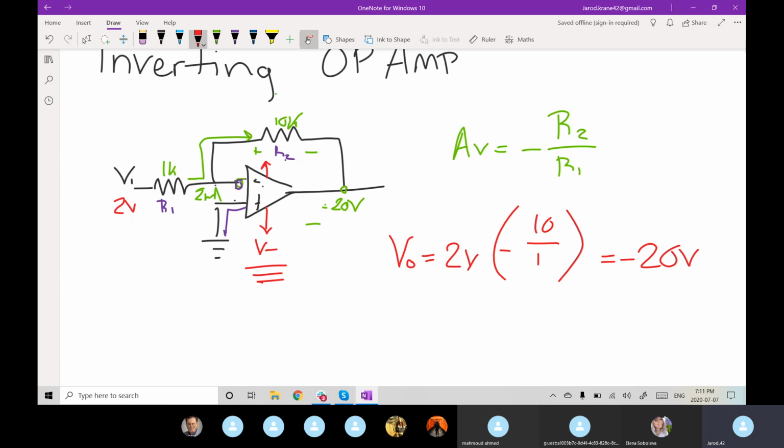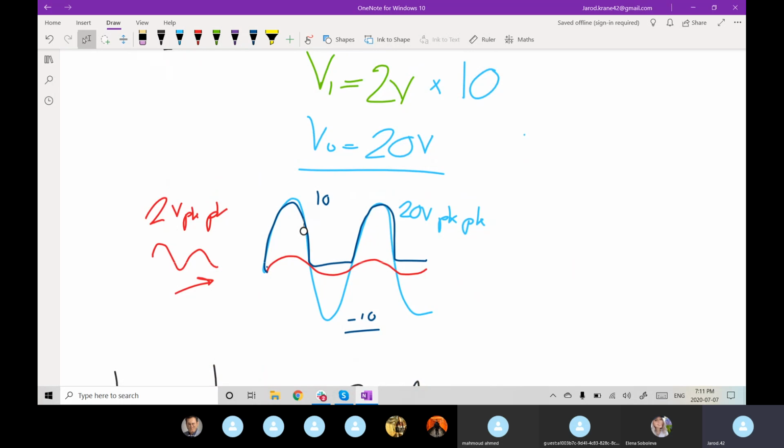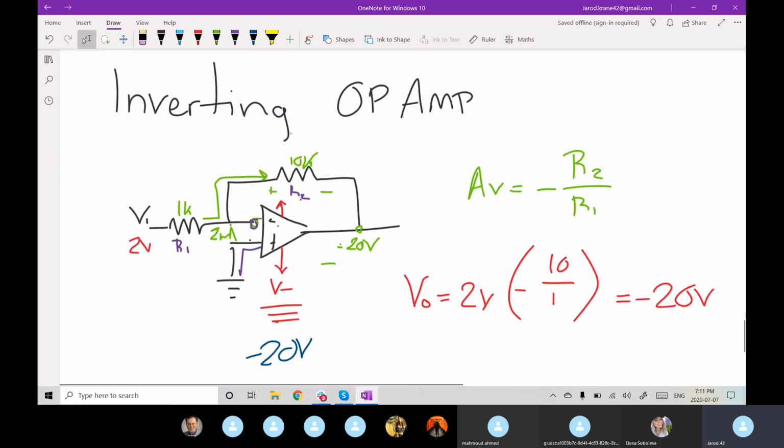Can someone hazard a guess: maybe I can't supply minus 20 volts here, but I want to generate a 20 volt peak to peak sine signal like we did before. I want to be able to make this curve, but I don't want these chop offs.